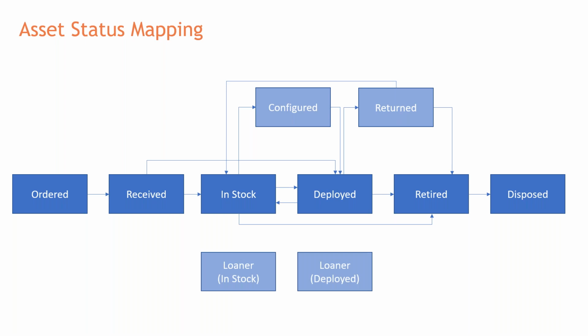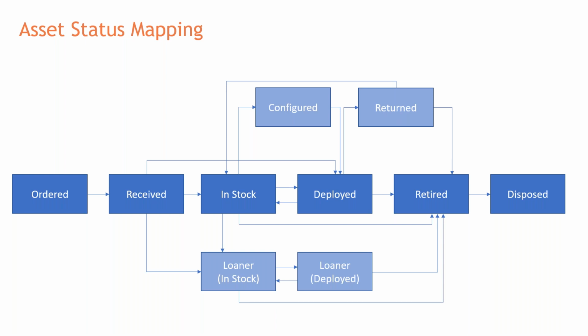Then again, we've got our loaner process. Again, you may want to make a distinction: loaner in stock and loaner deployed. So you have a separate stock of units, a separate place, a separate allocation of devices that are loaners. They can be in stock, or they can be out with people, loaned, you might call that. Again, there's a whole bunch of arrows to throw in for that.